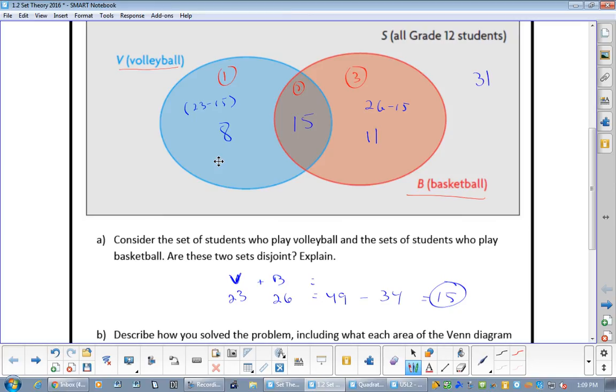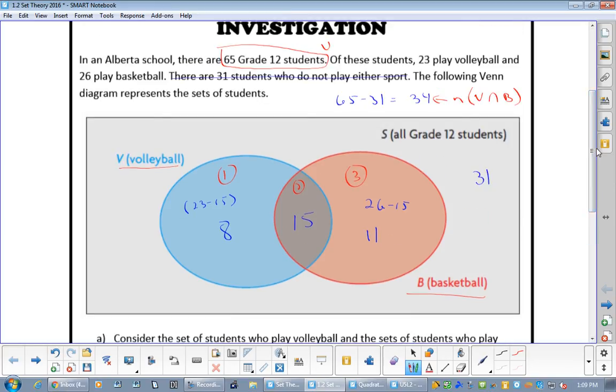Okay, now we're going to do more of this in detail later, but to your credit, a third of you got it, right? And just always make it make sense after. Look, 8 plus 15, 23 people play volleyball, yeah? 26, yeah, that's right, right?